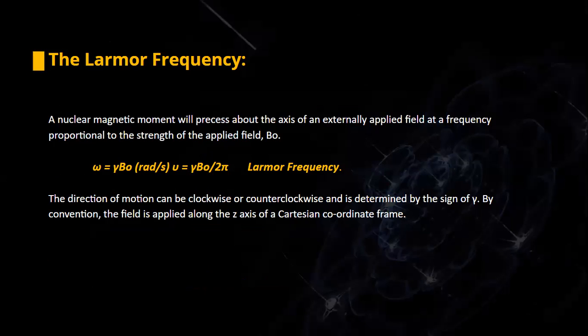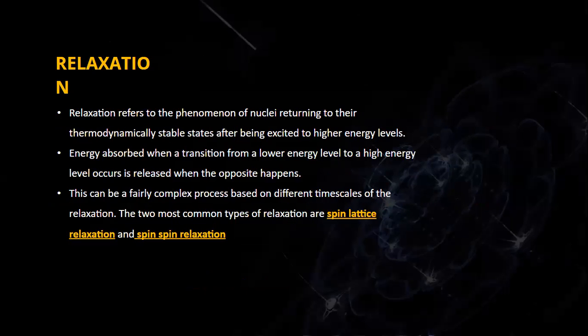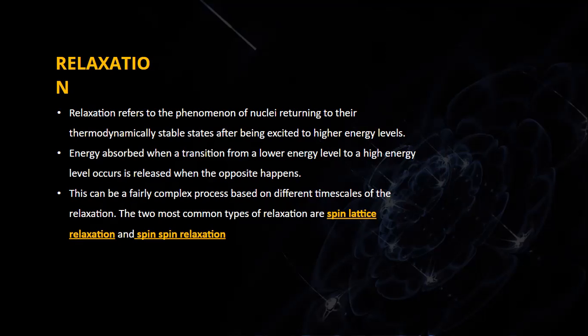Here I have mentioned the Larmor frequency, which I have explained before. Now, the relaxation process. Relaxation is mainly when the particles in the higher state come back to their original position.